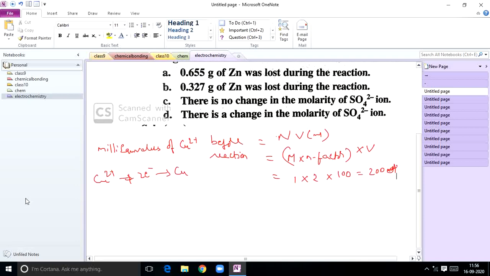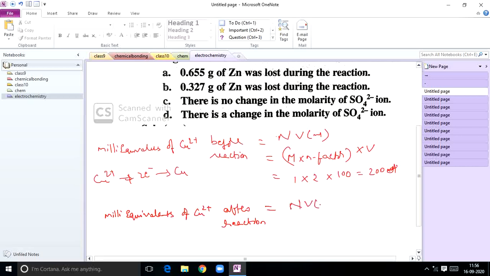Next, number of milliequivalents of Cu2+ after reaction is equal to, after the reaction what happens, students?